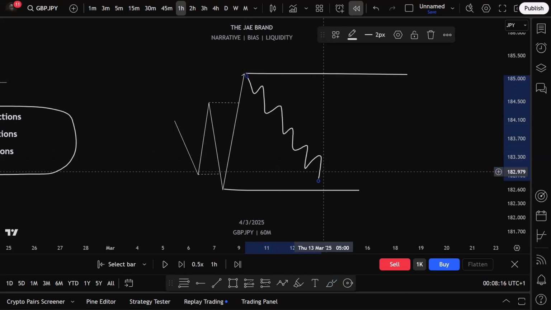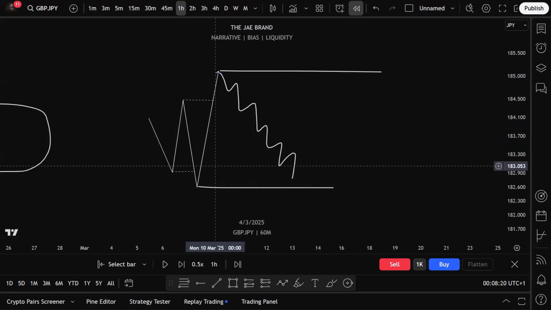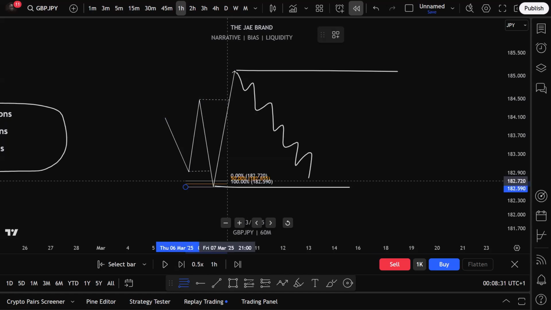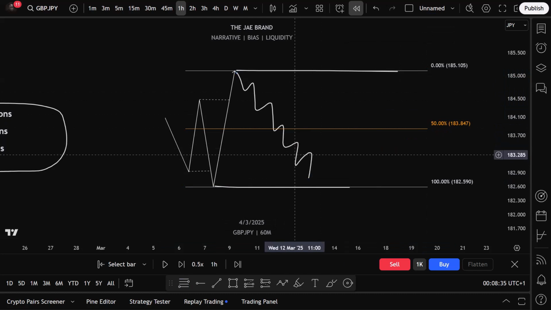Because if you take your fib tool to plot from the swing low to the swing high, you can see that price is already in the discount area.